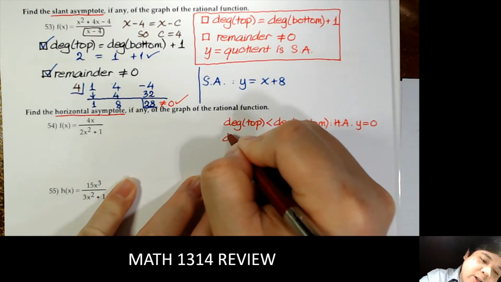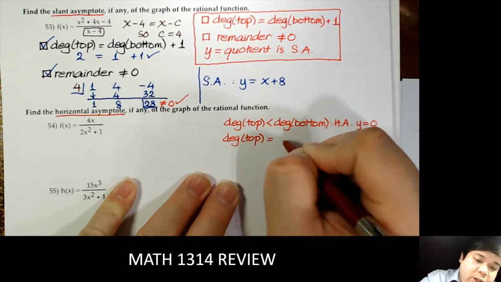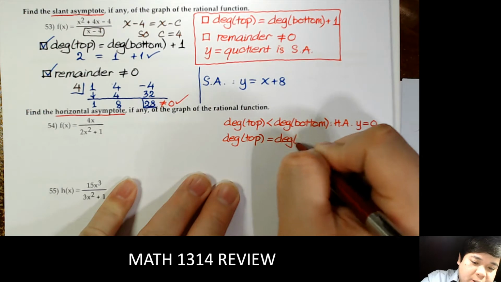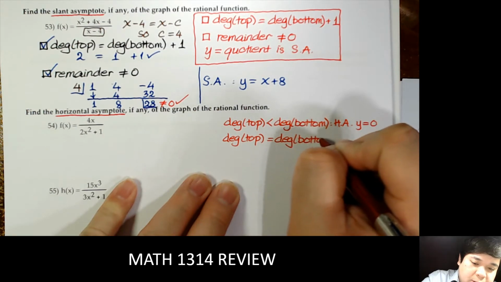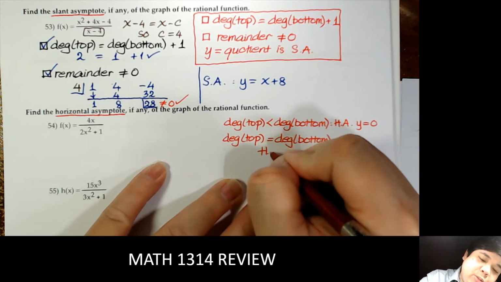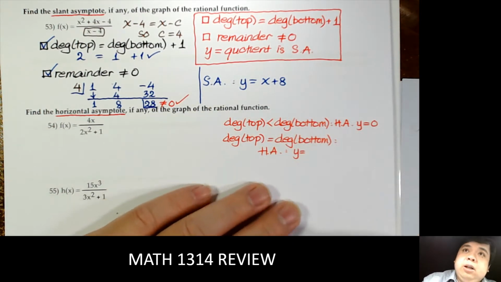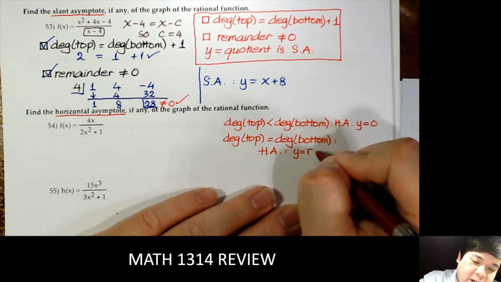If degree on top is equal to degree at the bottom, then the horizontal asymptote is y equal to the ratio of leading coefficients.